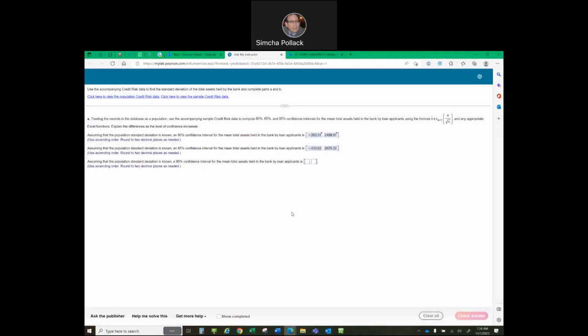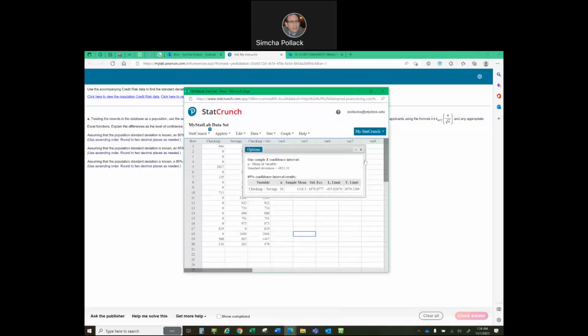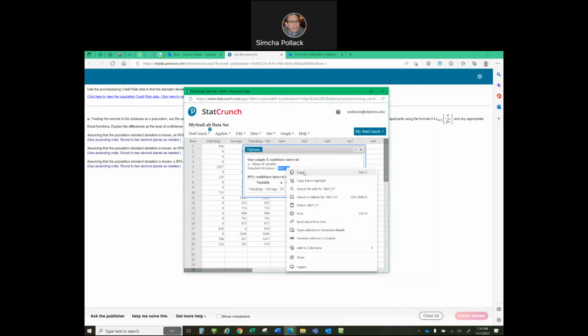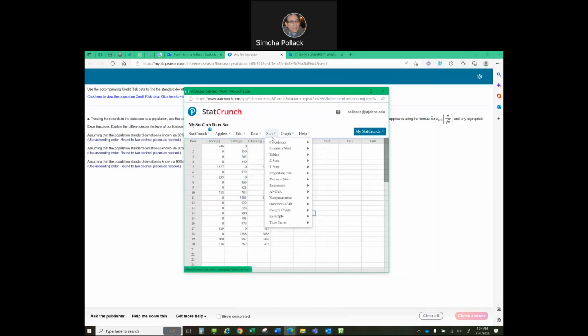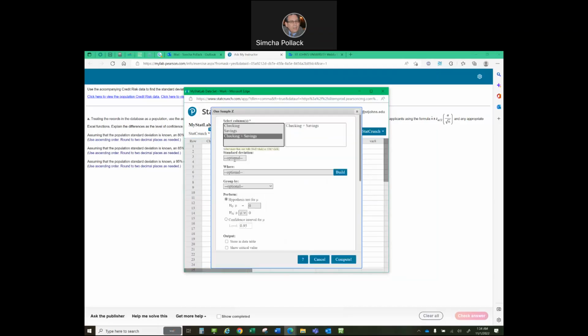Now they want, oh boy, 95%. Do we have to do it again? Standard deviation 4821.31. We have that. We don't have to recalculate that. Let's go to stat, ZStat, one sample with data, checking, optional, 95% this time.